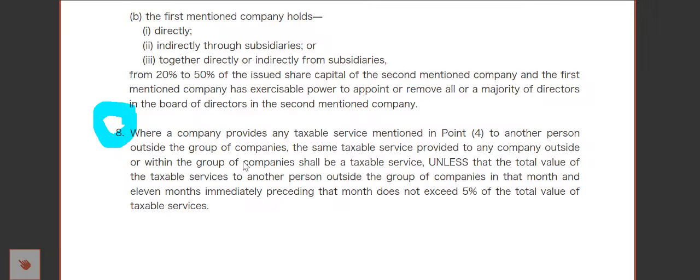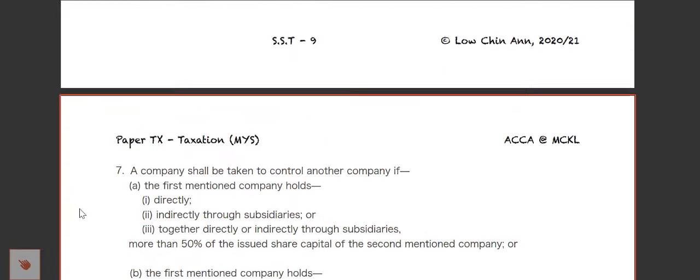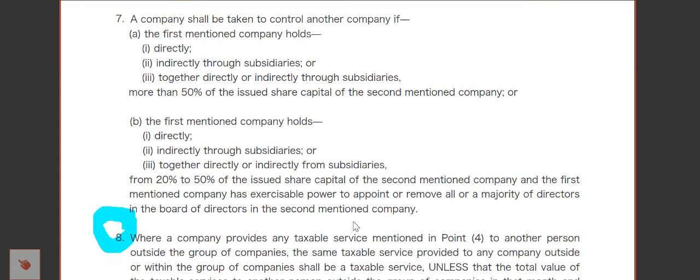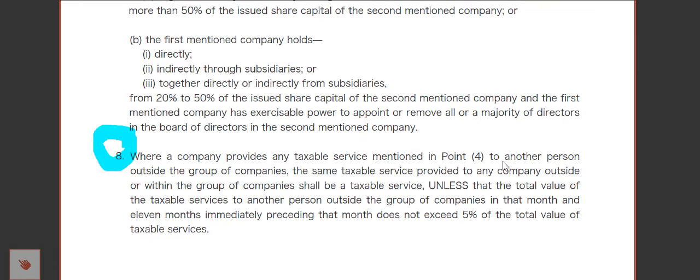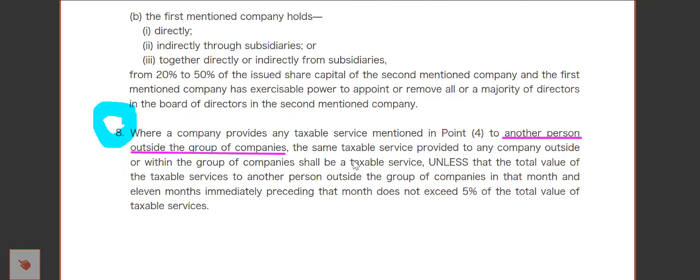It says that where a company provides any taxable service to another person outside the group, then the same taxable service will become taxable even though it is provided to the group.